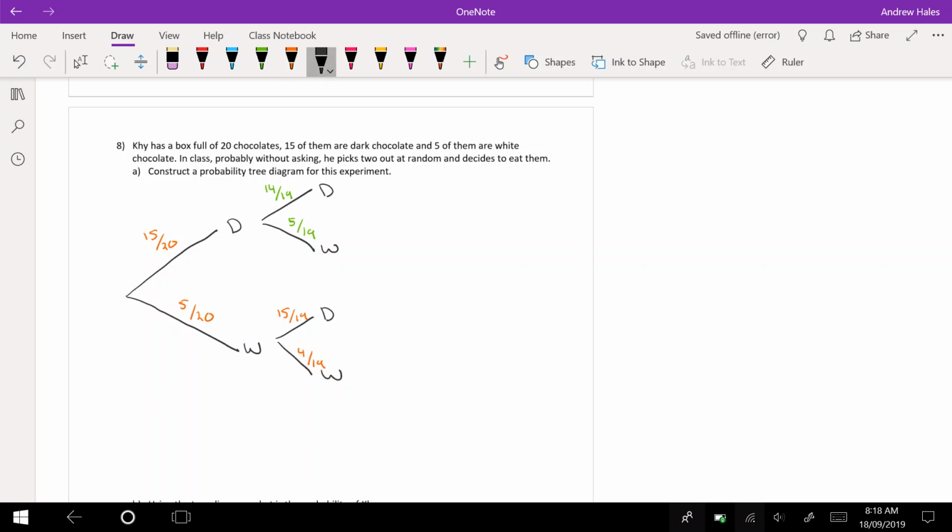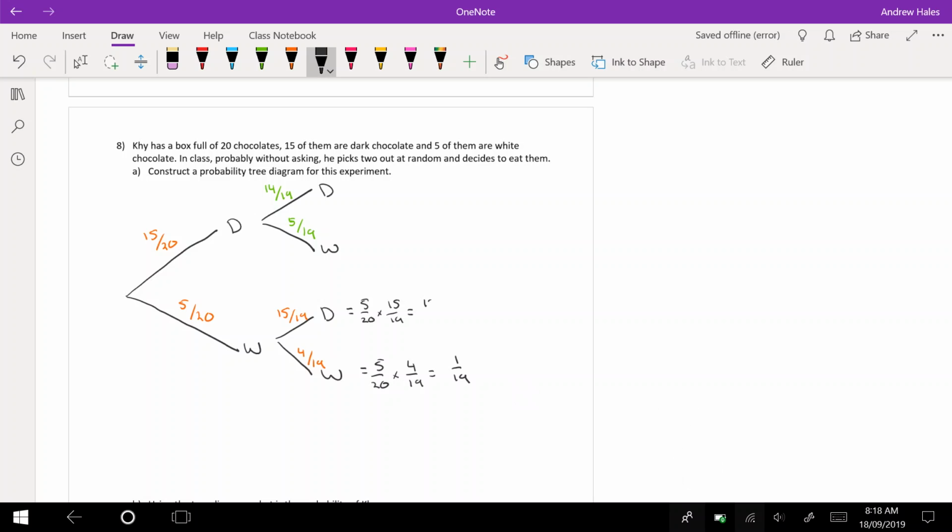And then finding all these probabilities, 2 white chocolates, well, that equals 5 out of 20 times 4 out of 19, which equals 1 out of 19. A white and a dark, 5 out of 20 times 15 out of 19.